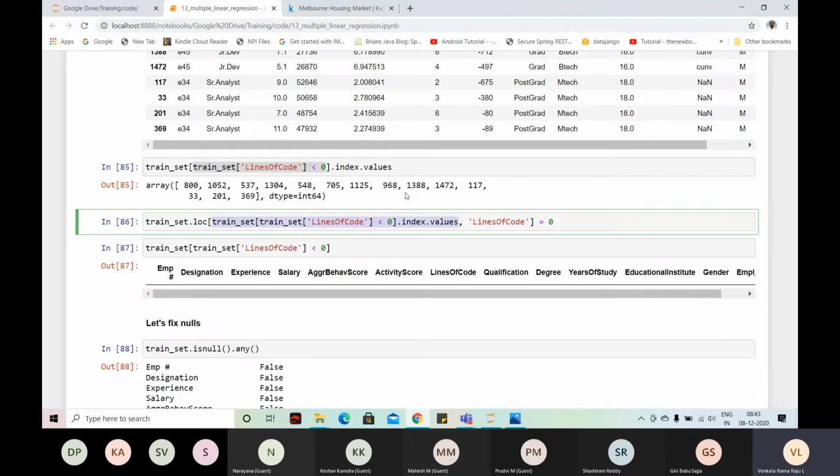When you say index dot values, it is going to be a numpy array. Dot index is going to be an index object, right? Where this condition is true, all those indexes will come, and then dot values will give you a numpy array. I passed a numpy array of indexes, comma, the column I wanted to replace.